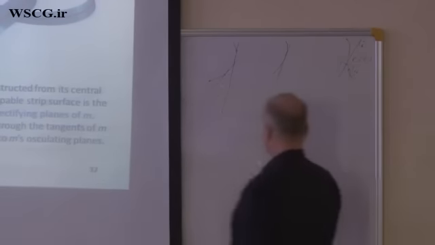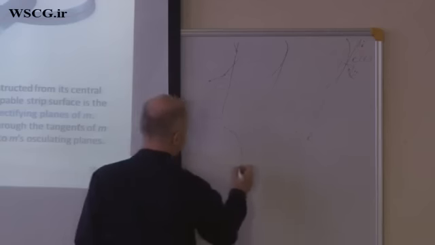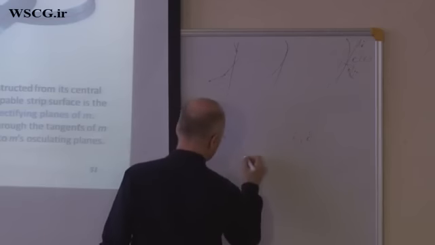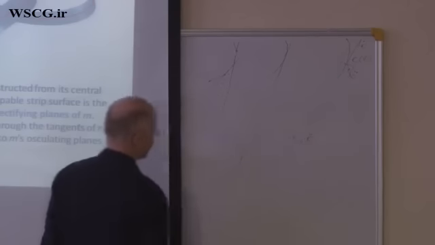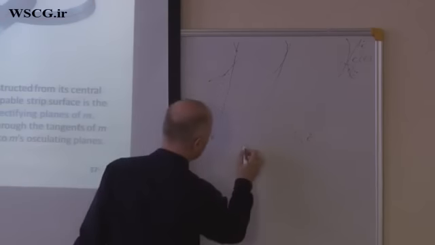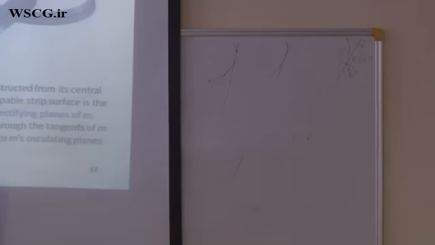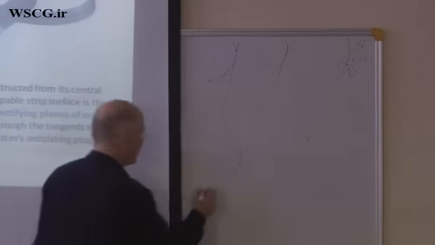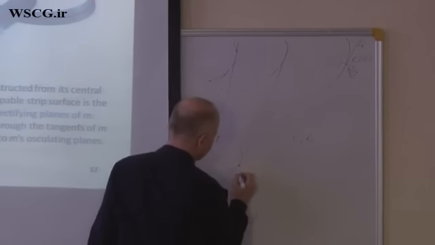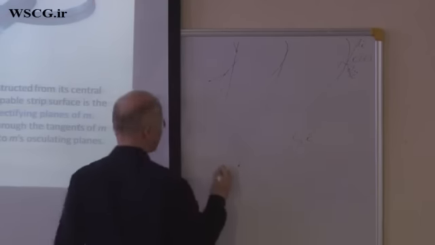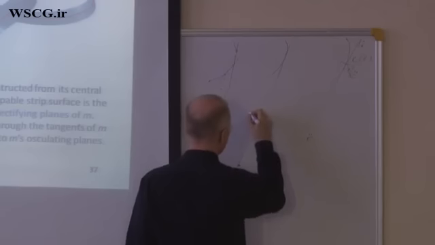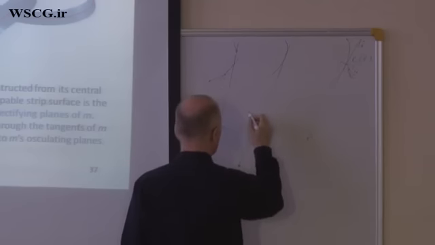So we have, for a curve, at a point we do have the tangent. And then we have this natural plane, the osculating plane. What I need now is a plane which is orthogonal to the osculating plane.